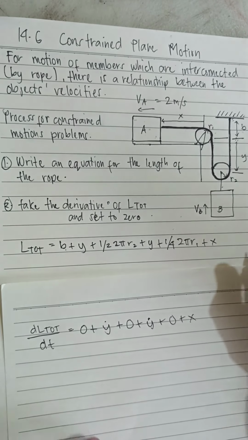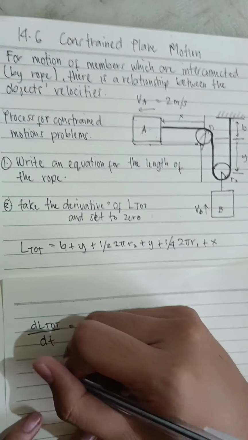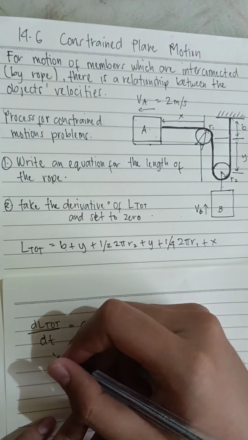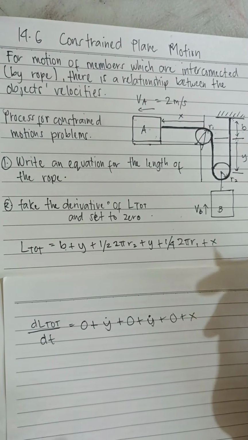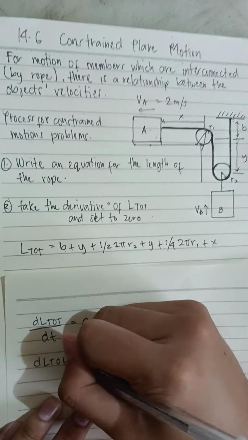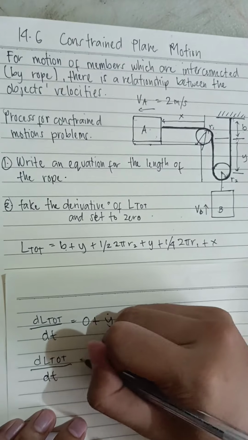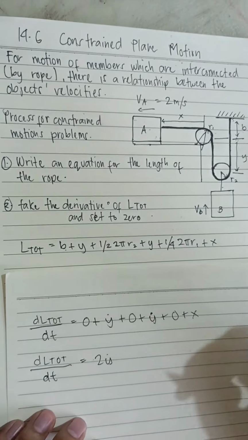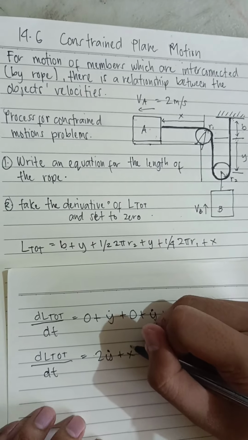Just remember that ang derivative ng lahat ng constant is 0. But for the blocks that are changing with the block, we can take their time rate of change. Equals to 2y dot plus x dot.